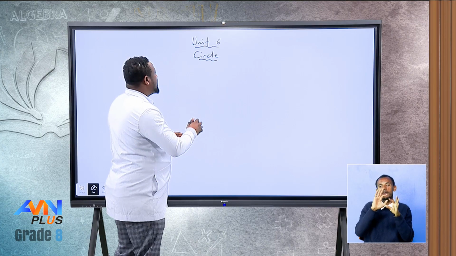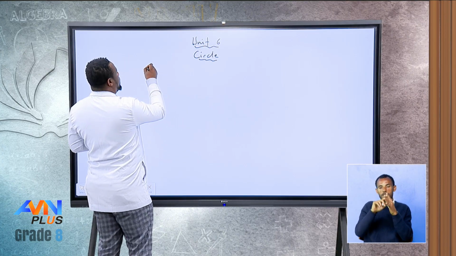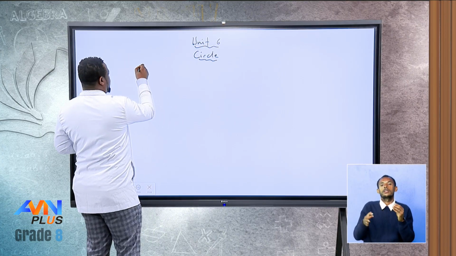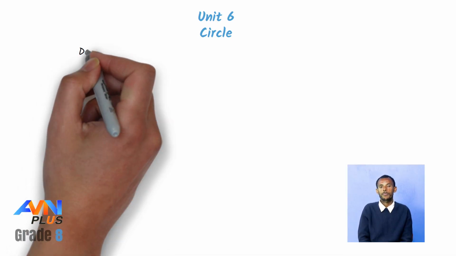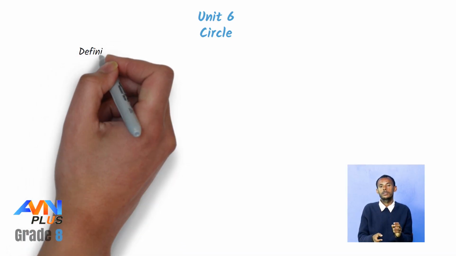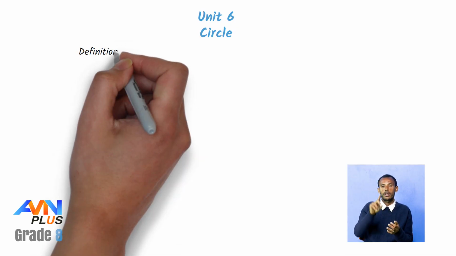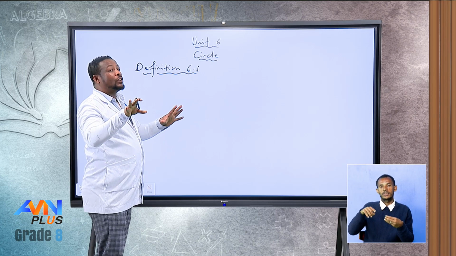Let us formally start our discussion by defining a circle. Definition 6.1 is about the definition of a circle.